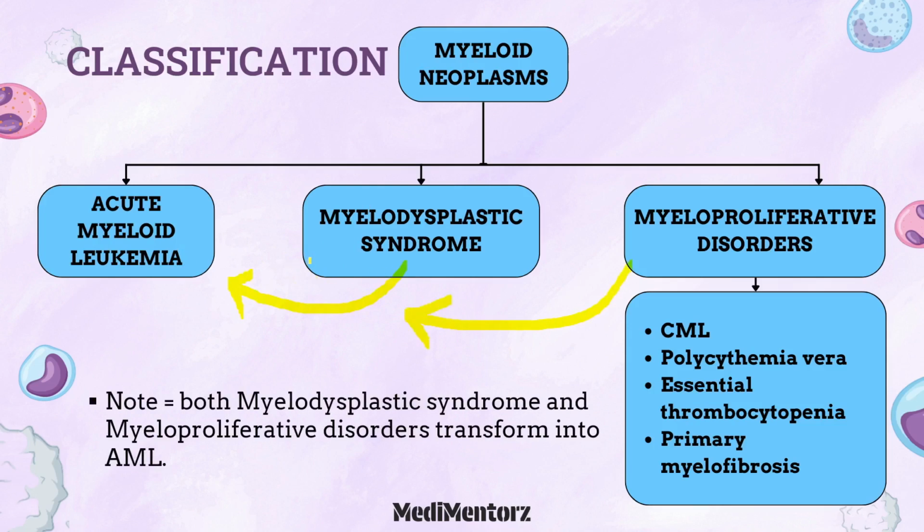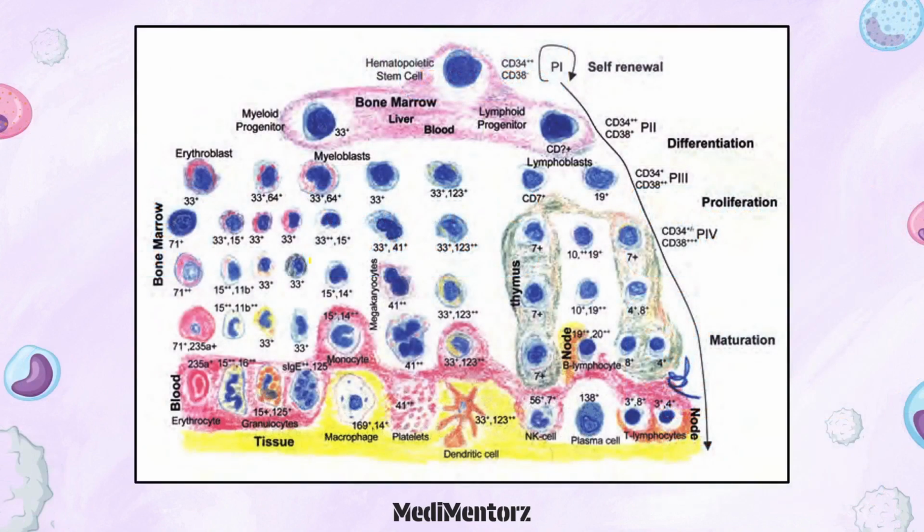Before moving on further, we should be clear about two different terms: differentiation and maturation. Differentiation refers to the formation of immature progenitor cells and blast cells from the stem cells, whereas maturation refers to the formation of mature blood cells from the immature blast cells.